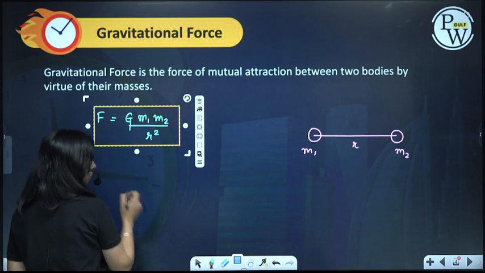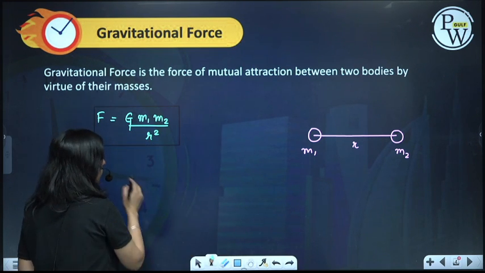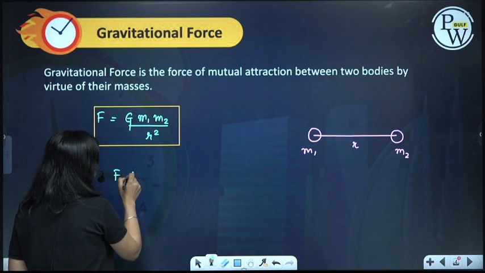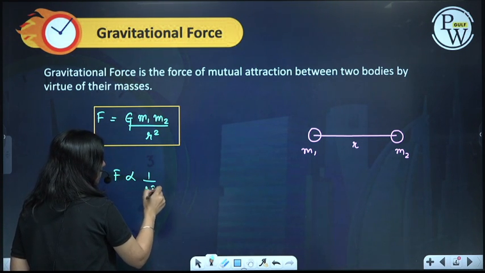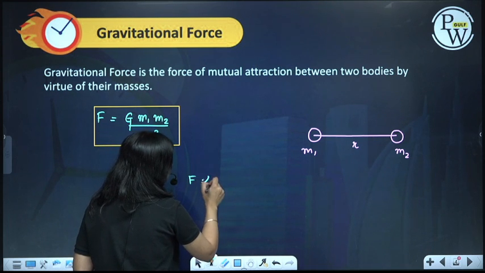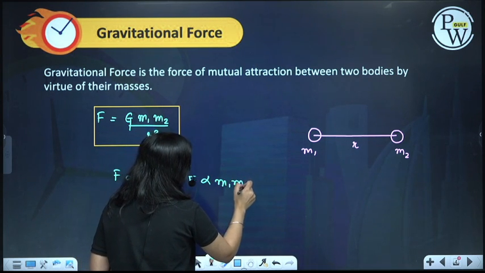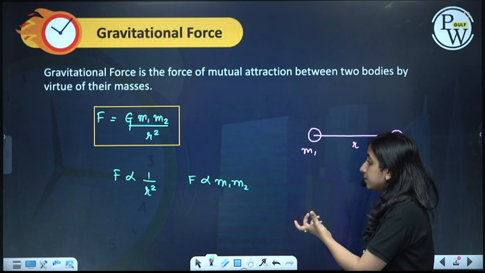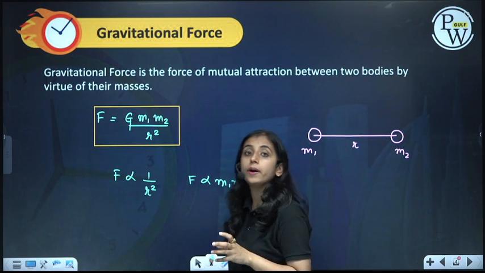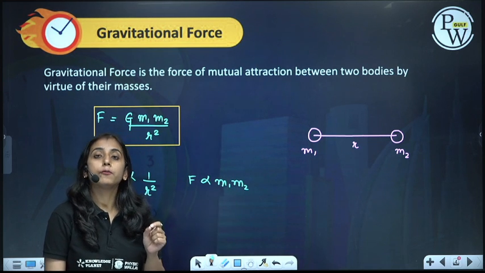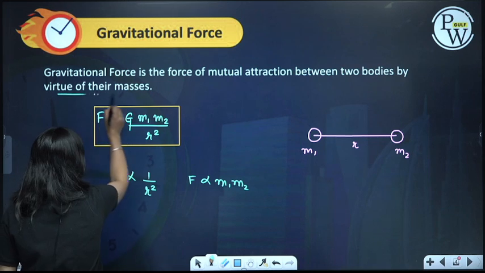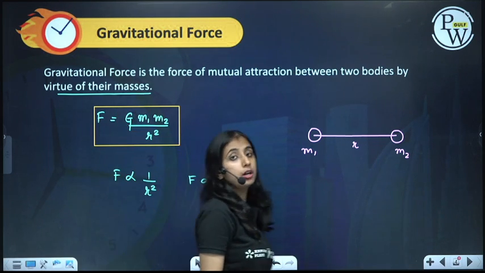So from here we can see that the force is inversely proportional to the square of the distance and directly proportional to the product of the masses. So force is inversely proportional to r square and directly proportional to m1 into m2. The force which acts between two bodies by virtue of their masses is called the gravitational force.